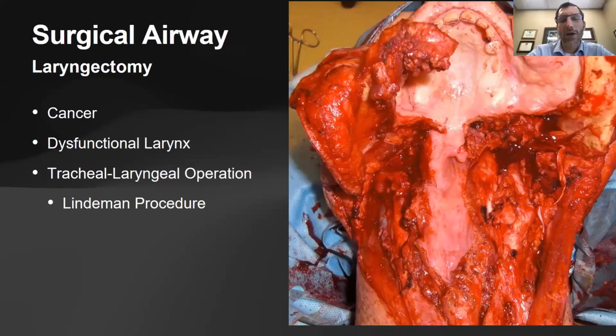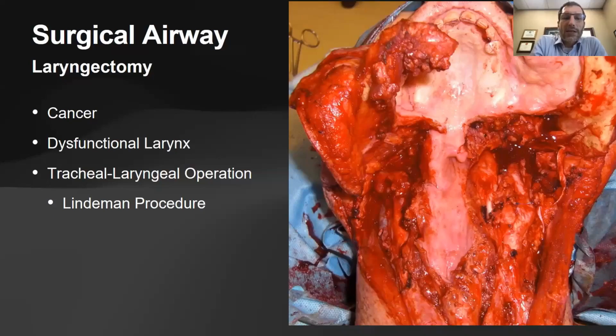There is another entity that I just want to introduce to you. It's called a tracheolaryngeal separation, where you actually separate the trachea and the larynx in a setting of aspiration. This was a lot of times done on patients who have feeding tubes and are trach dependent, and they continue to aspirate.